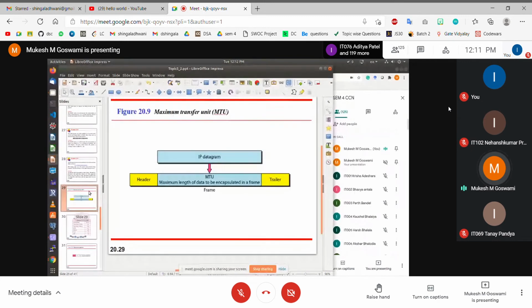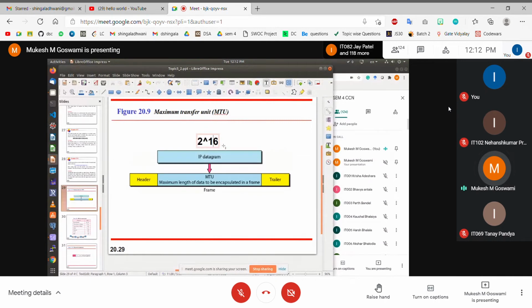Okay. So now let us try to consider what is going to be the size of the IP datagram packet. We already said that the maximum size of the IP datagram packet is going to be equal to 2 raised to 16. But however, this is not always the case. Why? Because you can have a variable size packet. So it is not always the case that you have this 2 raised to 16 field, right? You can have any value starting from 20.